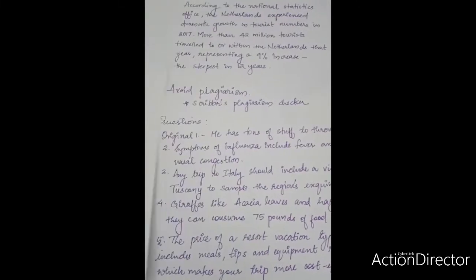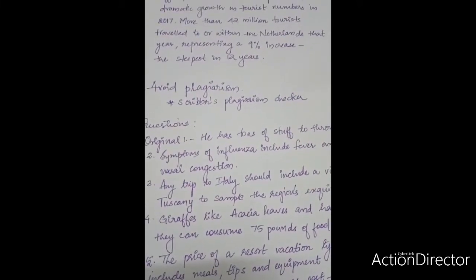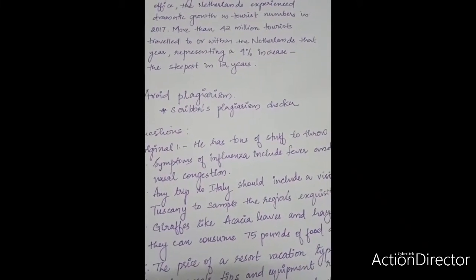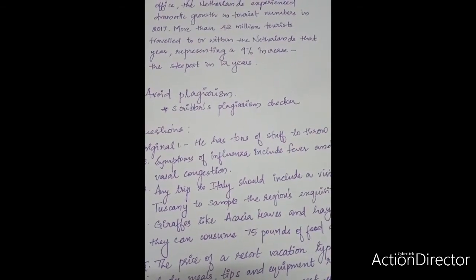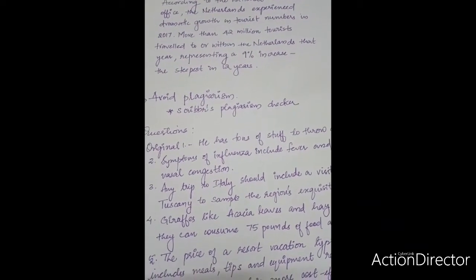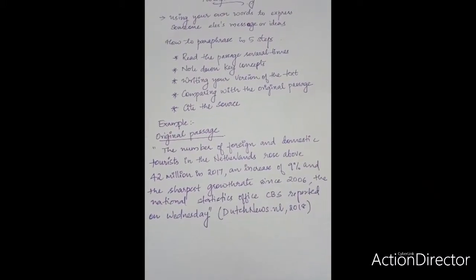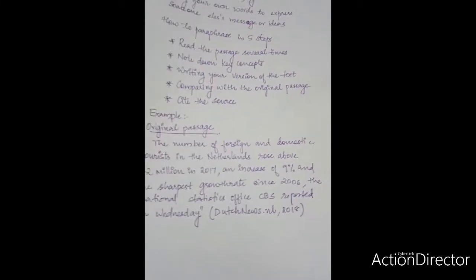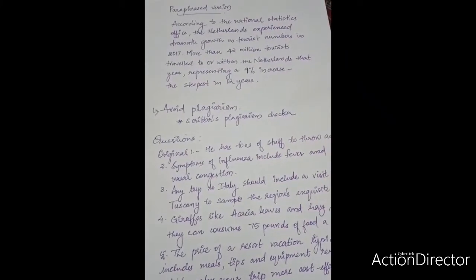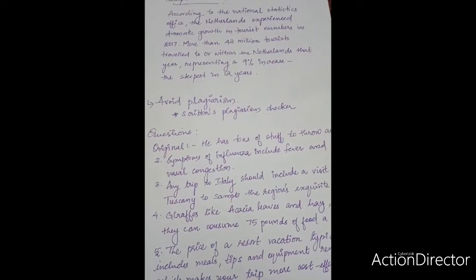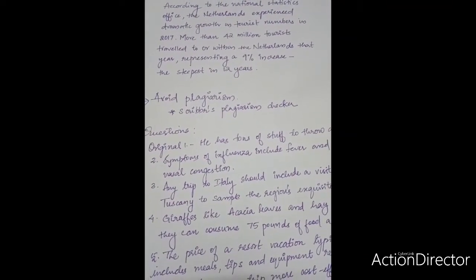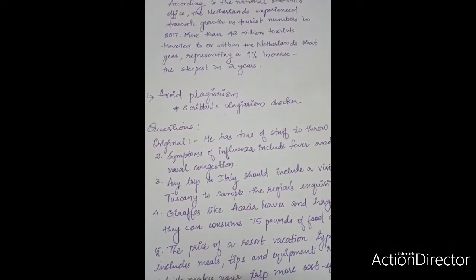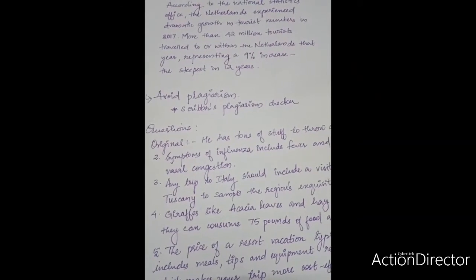Now you can see the paraphrased version of this original passage. The original version was starting like this: the number of foreign and domestic tourists. But here, while paraphrasing, we are using: according to the National Statistics Office, the Netherlands experienced dramatic growth in tourist numbers in 2017.